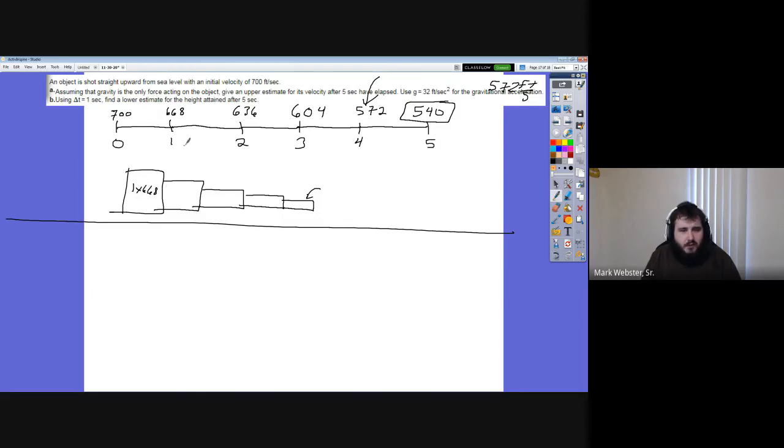And then after another second, it's gone 636 feet in 1 second, right? And then 604, 572, and 540. Since they want a lower estimate, we're just going to add all these up together. And this will tell you how high it got.